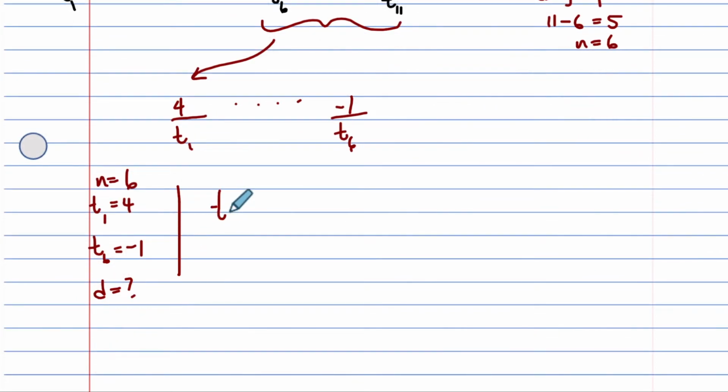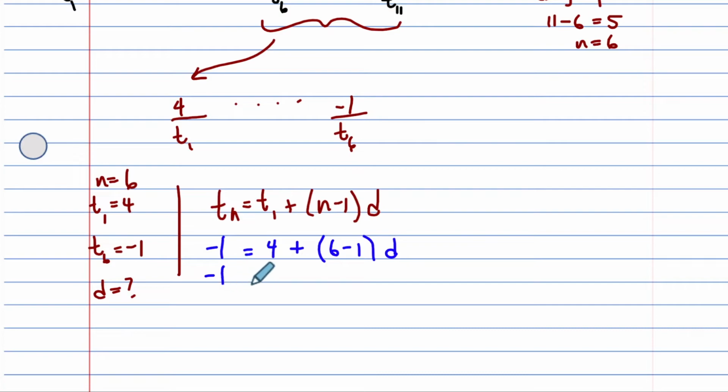All right, so T of n equals T of 1 plus n minus 1 times D. And we're using T of 6. T of 6, the value is -1. T of 1 is 4. And then we have 6 terms. And there's the D we want.